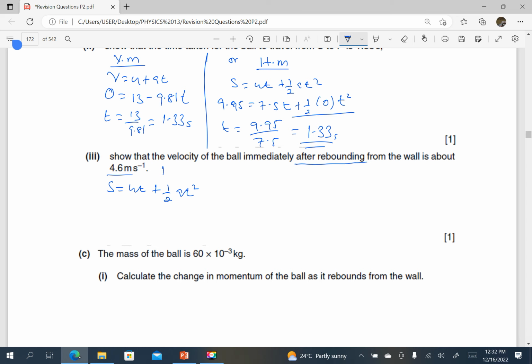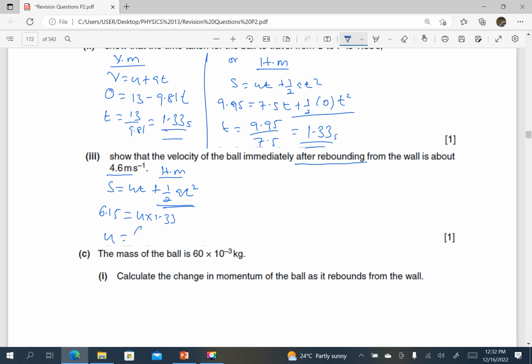I am considering horizontal motion. The horizontal displacement is 6.15. Initial velocity with which it leaves the wall is U. The time it is going to take is 1.33 to arrive at the ground. The other part is going to be 0 because acceleration in the horizontal is 0.